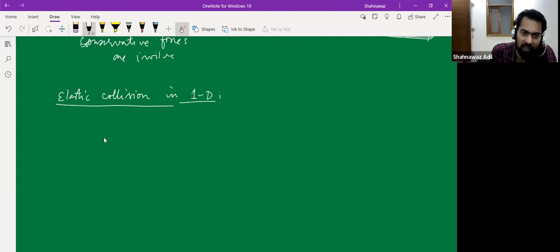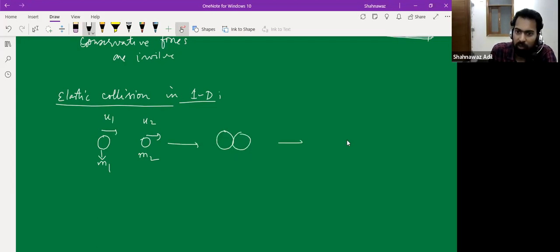You have this guy with u1 velocity and mass m1, and the other guy with u2 velocity and m2, and they collide and move out. So this is v1, m1, and this is v2, m2, right? So first property of the elastic collision.